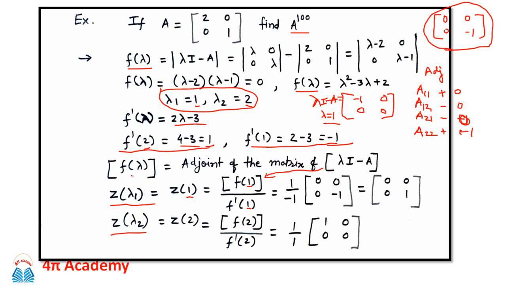Then you have to find the matrix f of lambda, which is the adjoint of the matrix lambda I minus A. So your Z of lambda 1 will be equal to Z of 1, which is the adjoint matrix f of 1 divided by f dash of 1. So that you will get Z of lambda 1, and Z of lambda 2 will be equal to Z of 2, which is equal to the matrix f of 2 divided by f dash of 2, where f of 2 is the adjoint of the matrix lambda I minus A for the eigenvalue lambda 2.